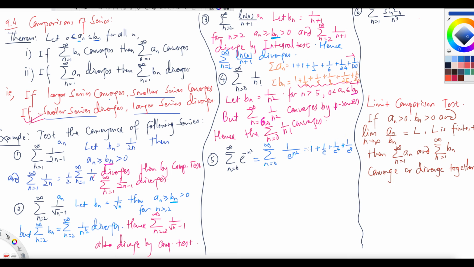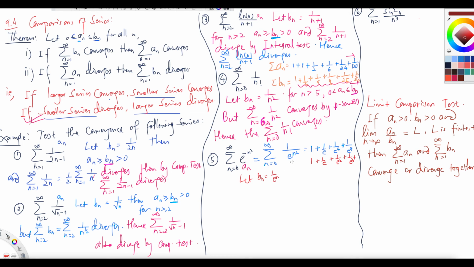Now, let us consider another series. This is like an, right? Let us consider another series. If you write this as 1 plus 1 over e plus 1 over e squared plus 1 over e cubed and so on, let bn equal 1 over e to the n.